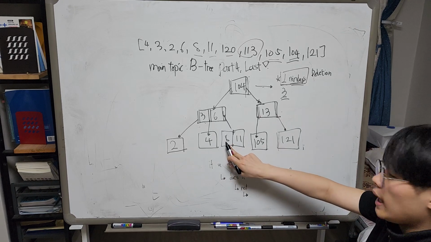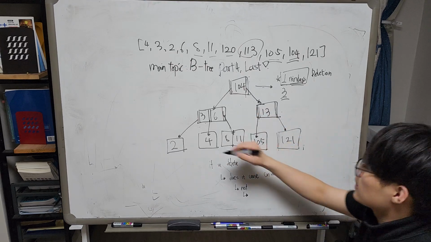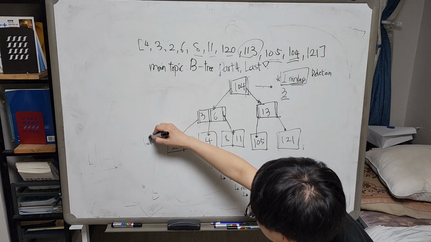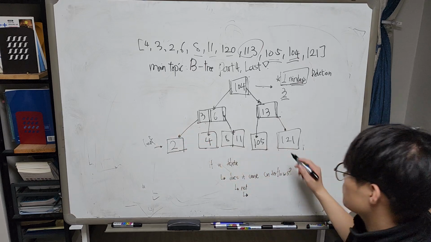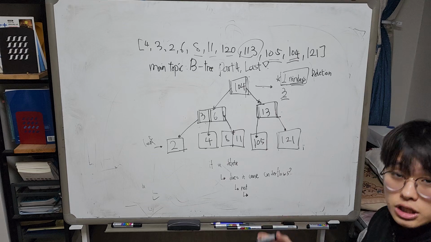For example, if you delete 8 in the leaf part, leaf meaning that there are no children, these are the leaves. So if you delete, does it cause underflow? If not, you can just delete it.